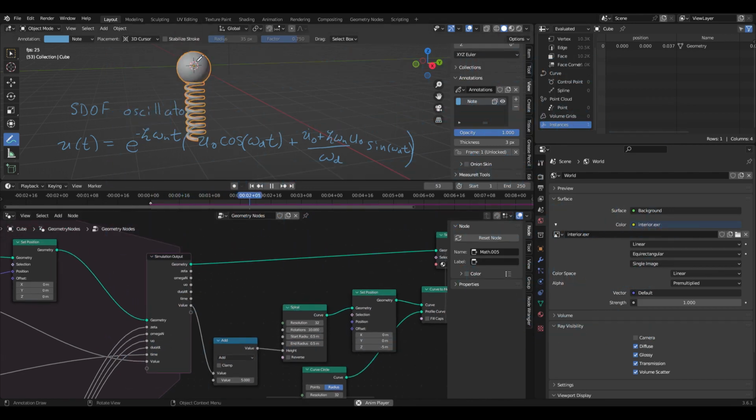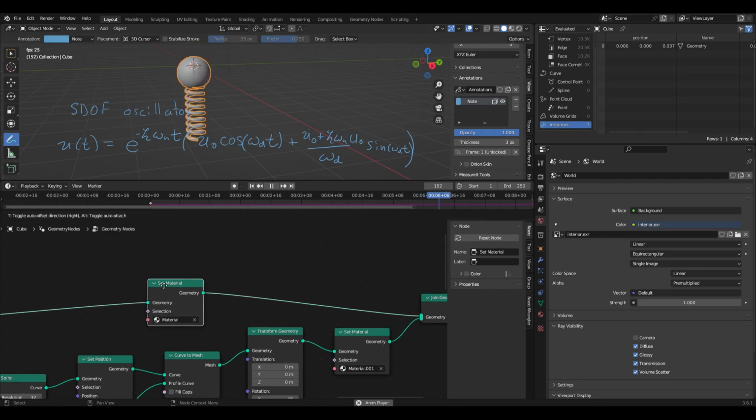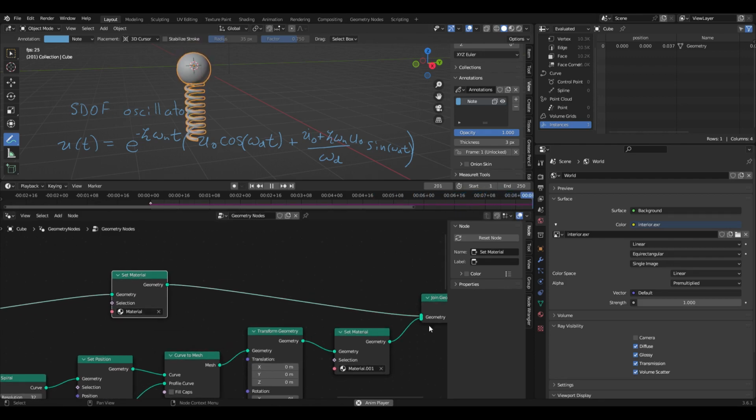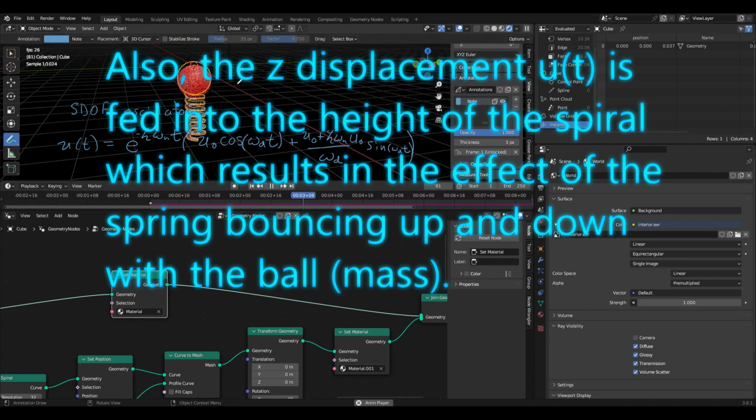Here in the output, what I did is I grabbed a spiral and I have a value that's being read into it, which is the displacement value, u as a function of t.